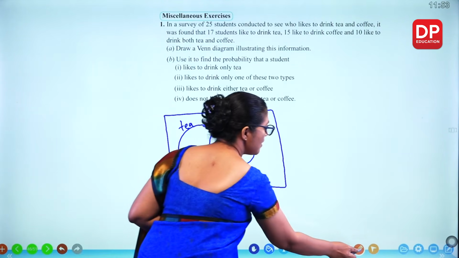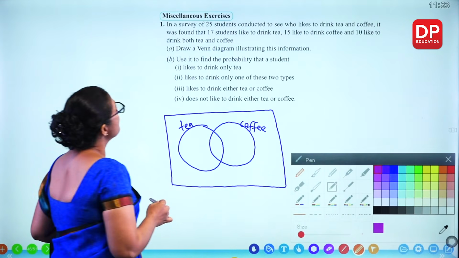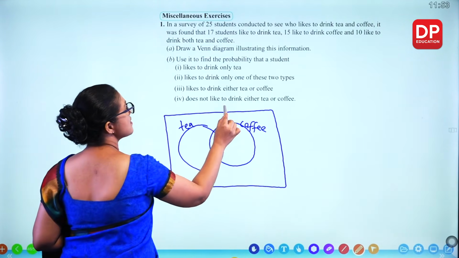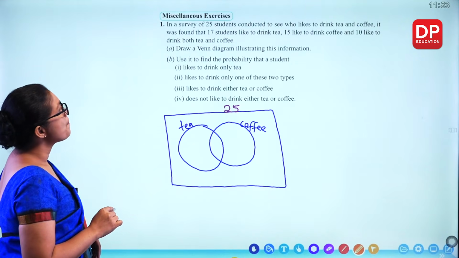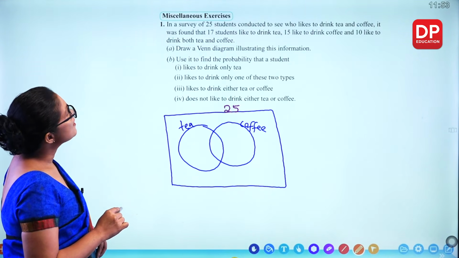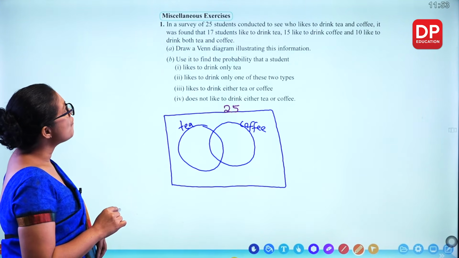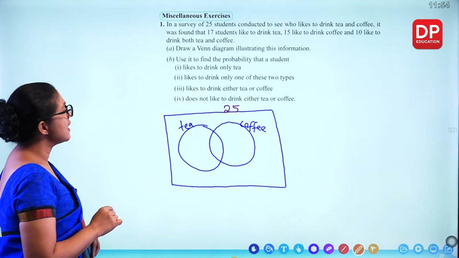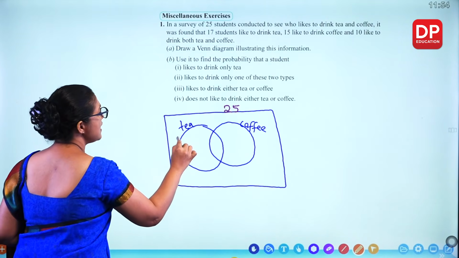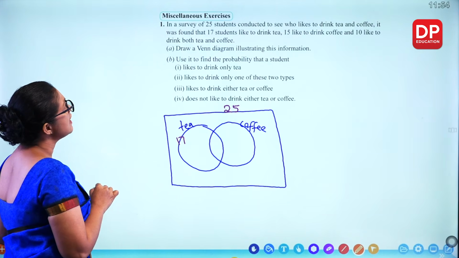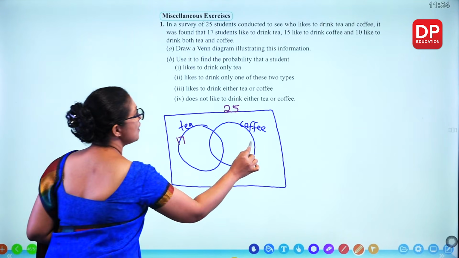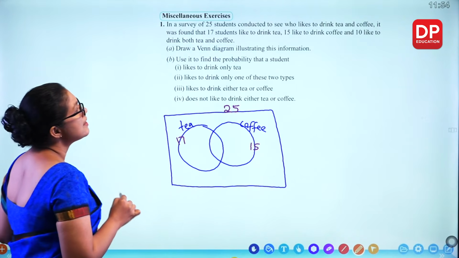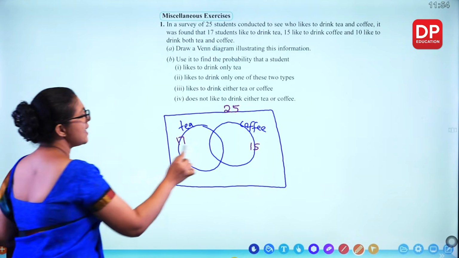And then 25 students are there altogether, so we write 25 above. It was found that 17 students like to drink tea and 15 like to drink coffee.